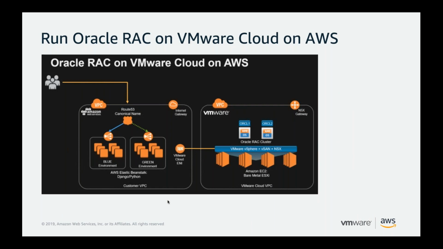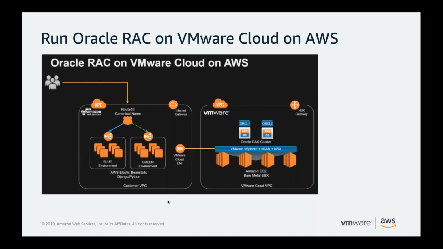Moving your Oracle workloads to VMware Cloud on AWS also enables us to continue using Oracle RAC on the cloud. This is important because simply moving your Oracle environment to AWS does not make it possible, but deploying it on VMware Cloud on AWS allows us to continue to benefit from this solution.